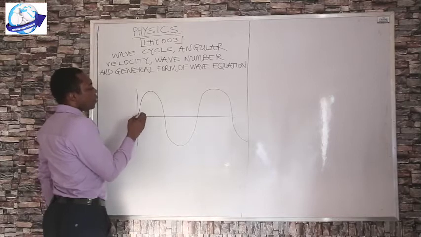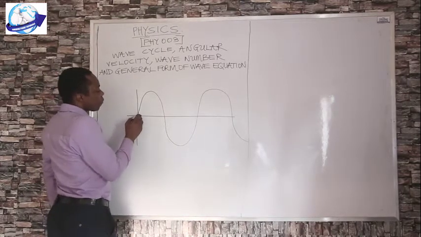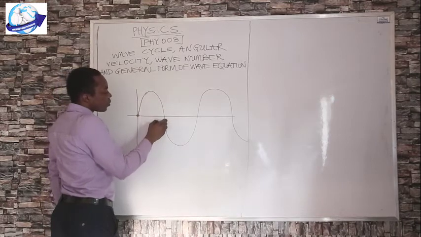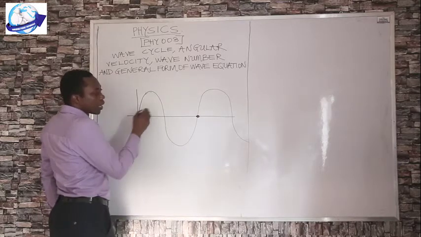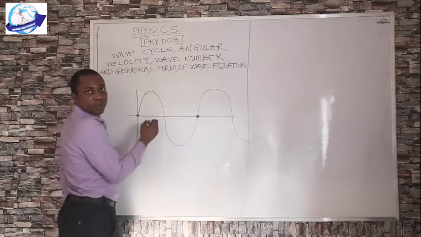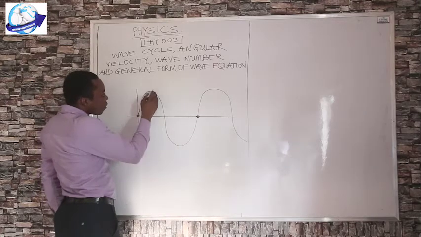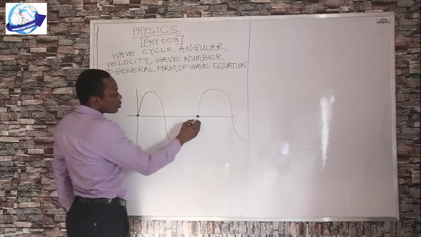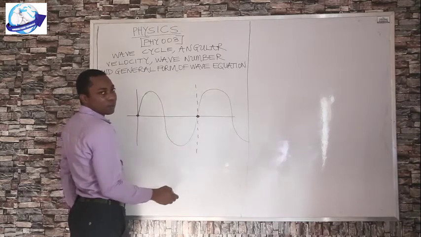Now you have from here, and then you move upwards and then come down, then move up again to this very point. These 2 points are in phase, and moving from this side up and down and back to the very place, this gives us one wave cycle.